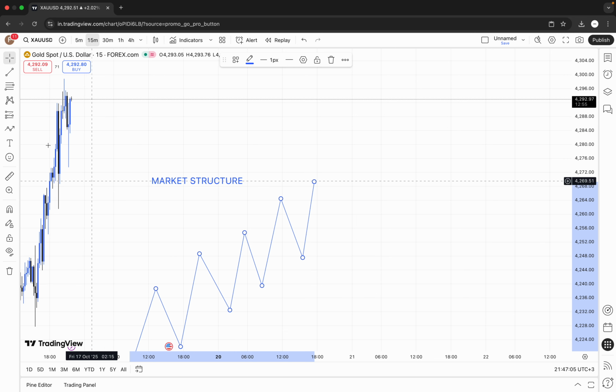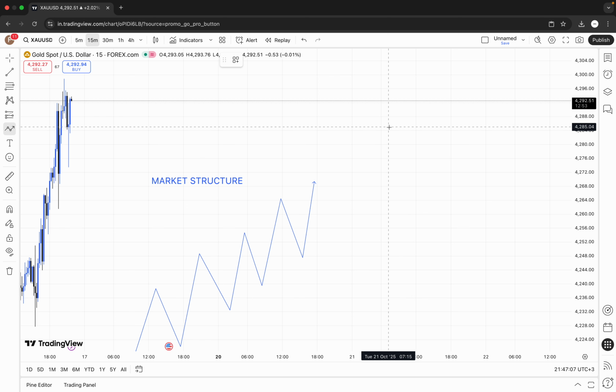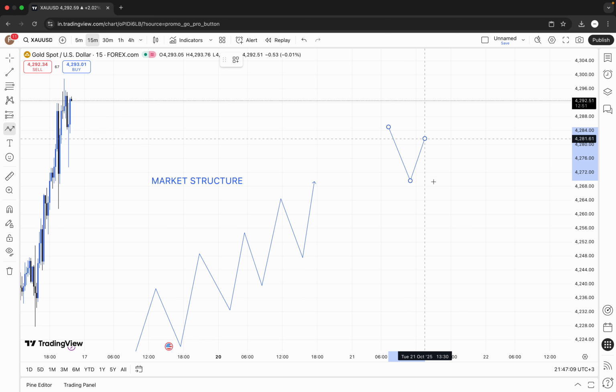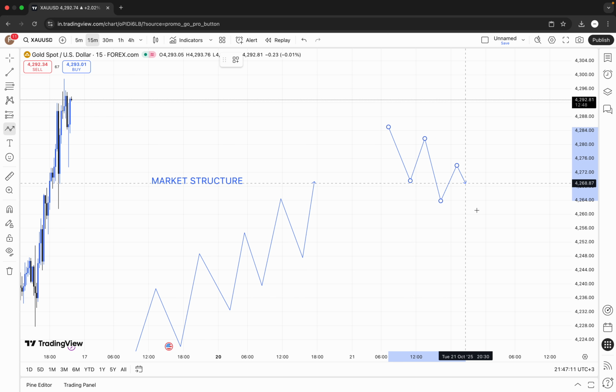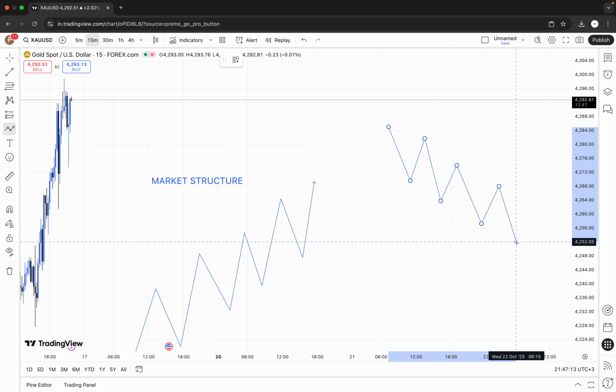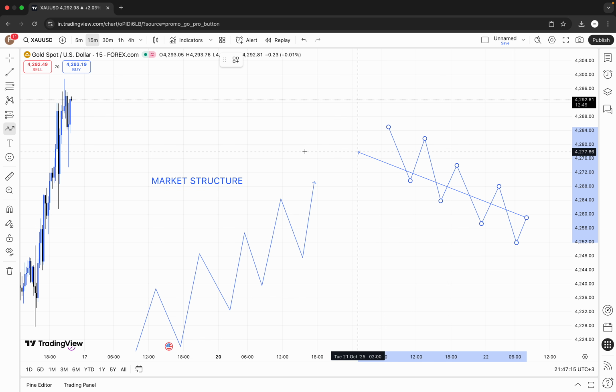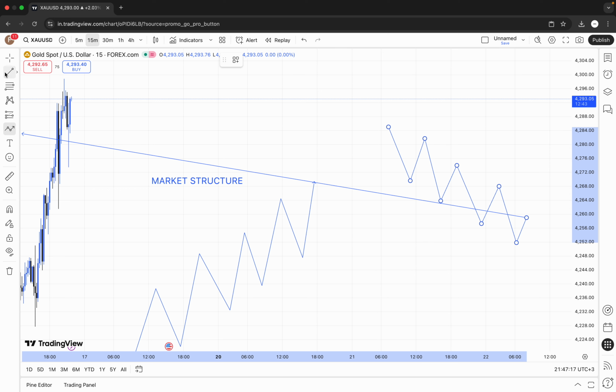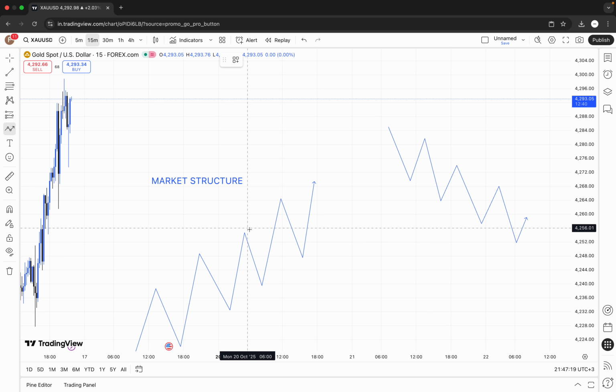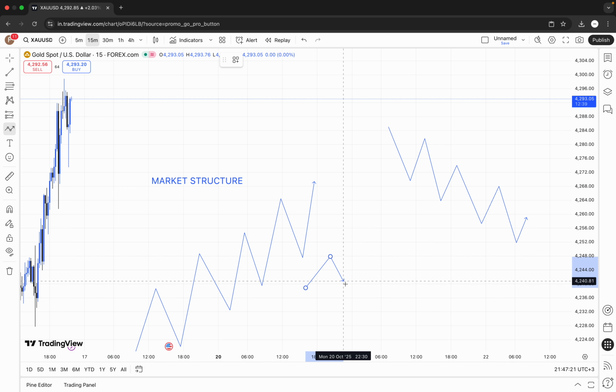And the bearish scenario is also very, very simple. Identifying the trend, and we have the consolidation phase.